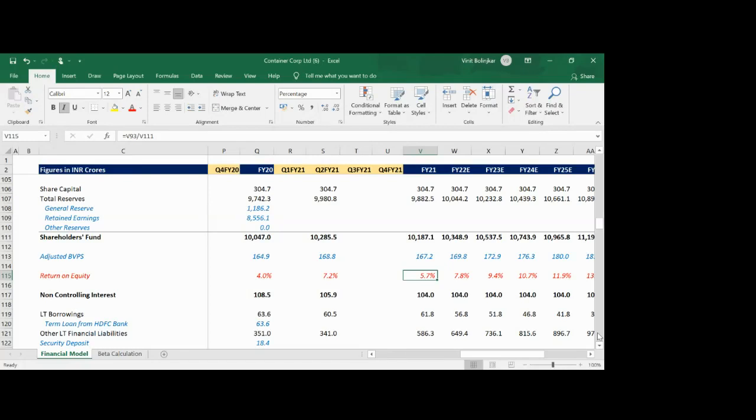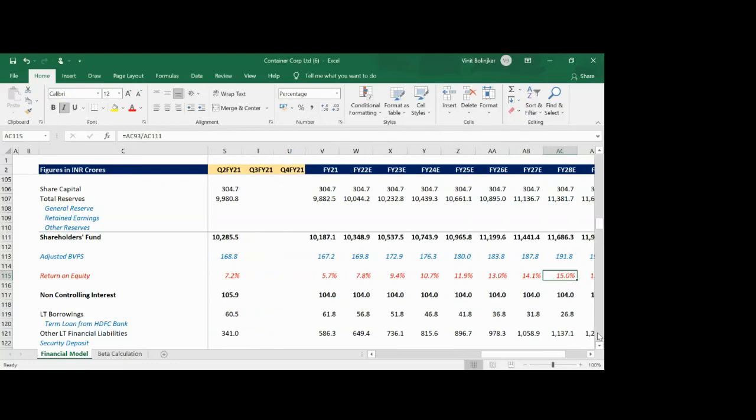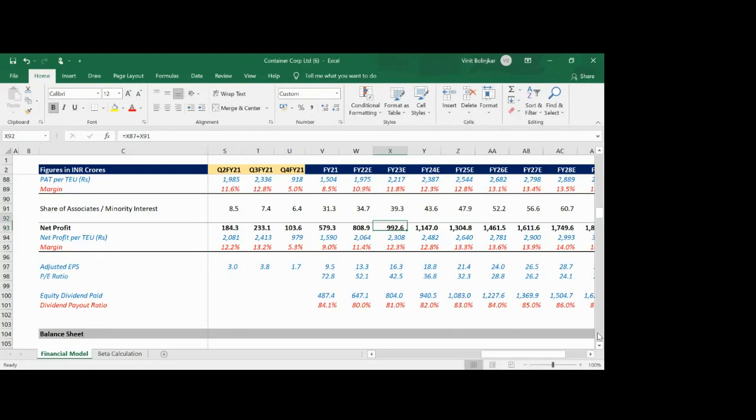So if you're looking for your portfolio to earn you say 15%, and if this stock is giving you a return on equity which is less than 10-12%, then it shows that it is not justifying your investment. So if your cost of capital is 15% and your return on equity is 10%, that means you're destroying shareholder value, right?